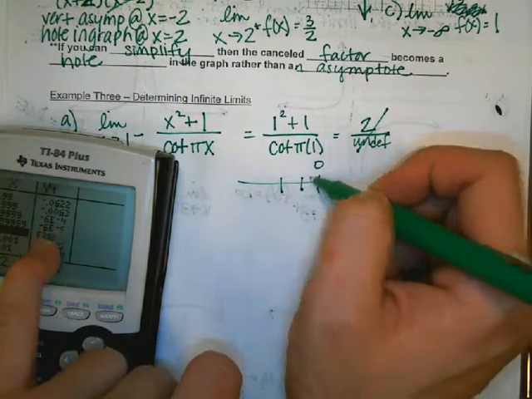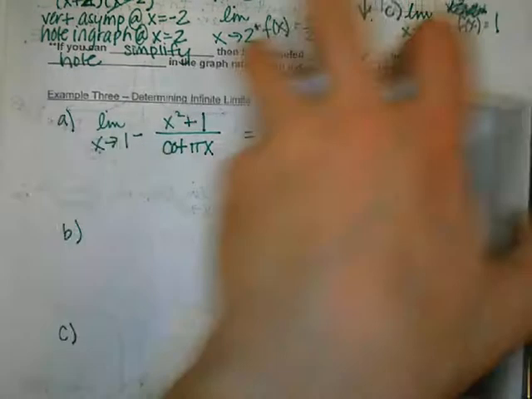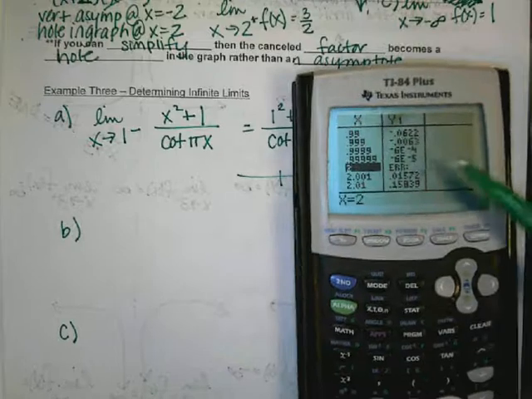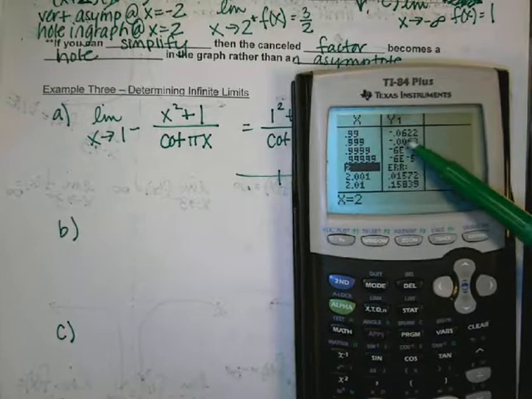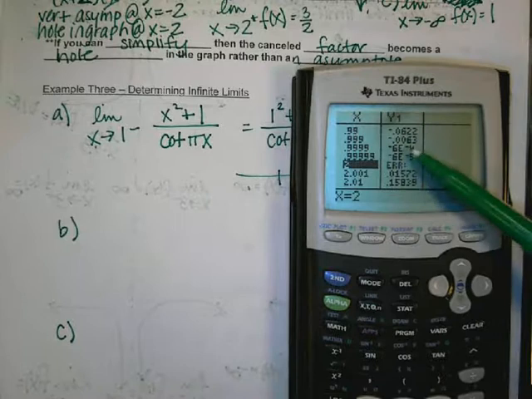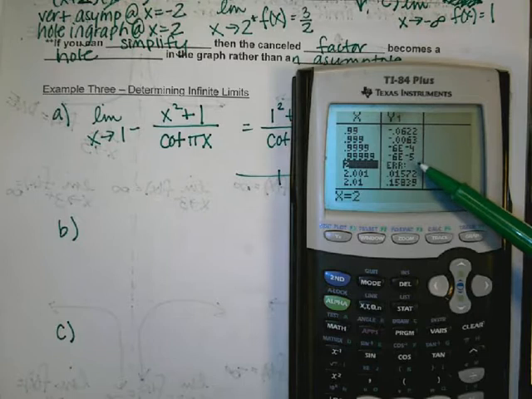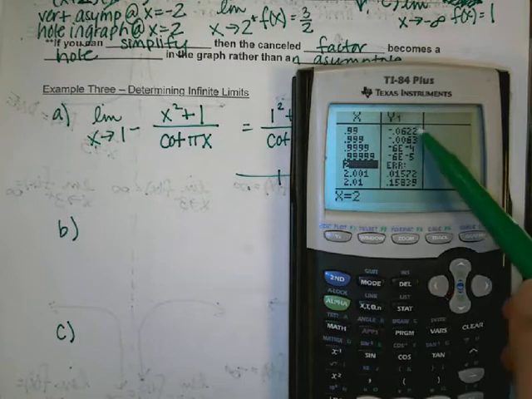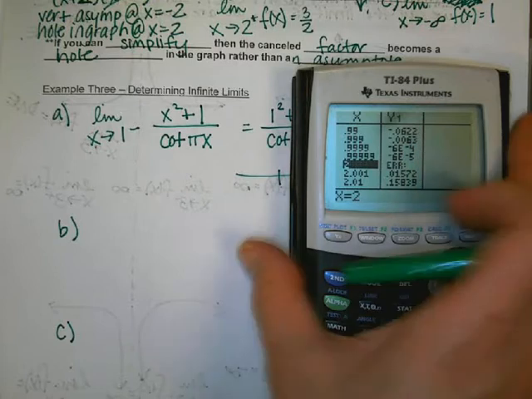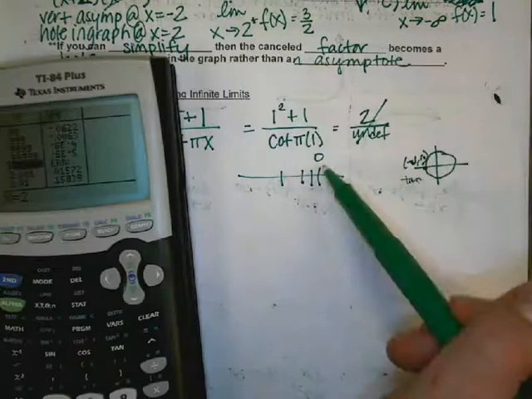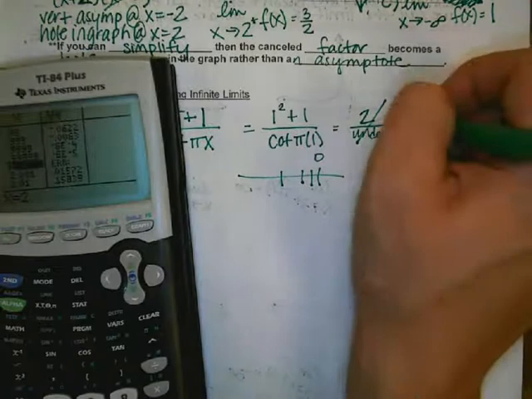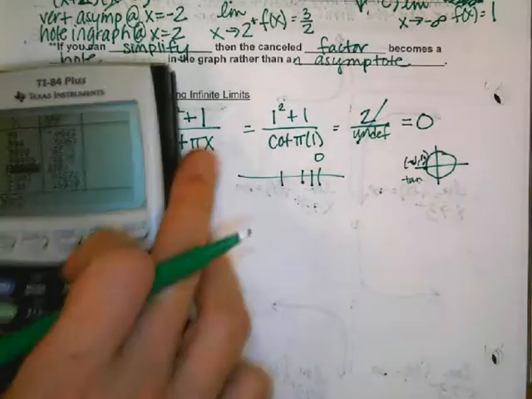You're not getting larger negative values, like you don't go from negative 0.06 to negative 20 to negative 100 to negative 4,000. If those are what your numbers look like, then you're getting closer to negative infinity. But in this case, they're narrowing down closer and closer to the y value of 0. So we're going to say that this y value ends up being 0.